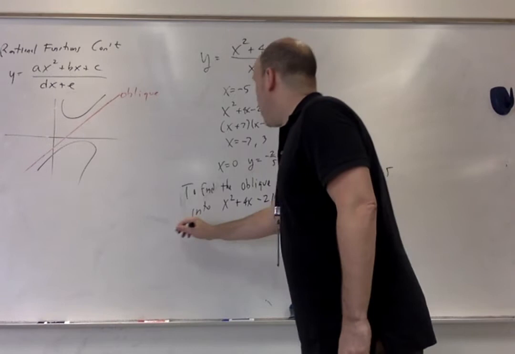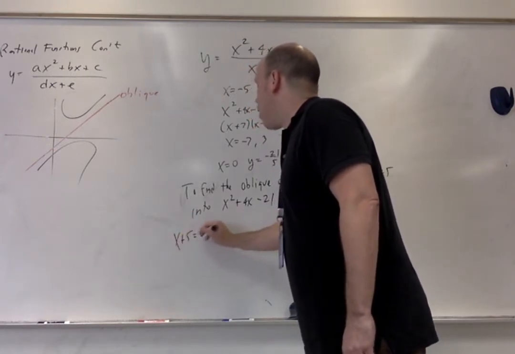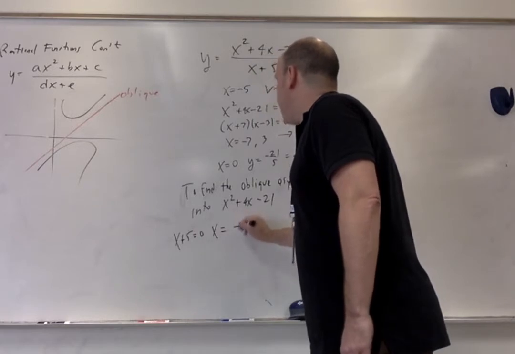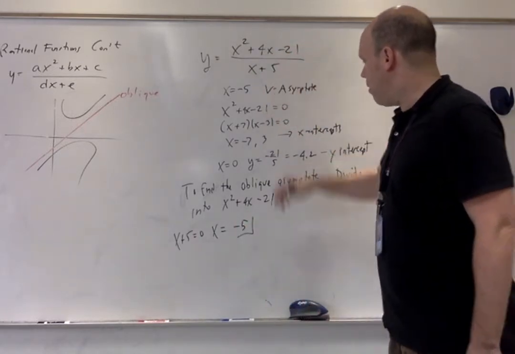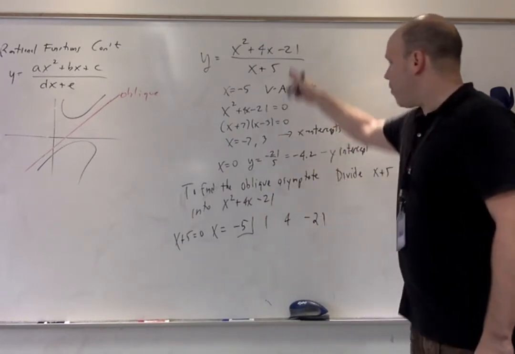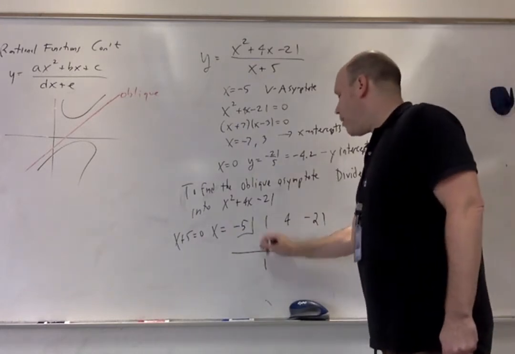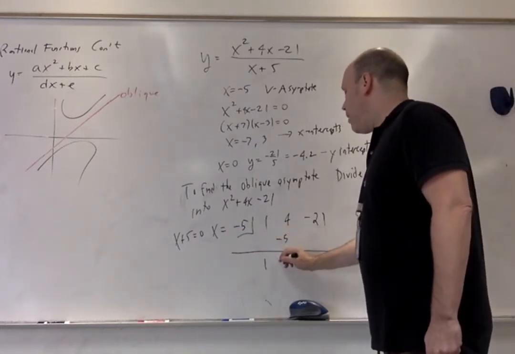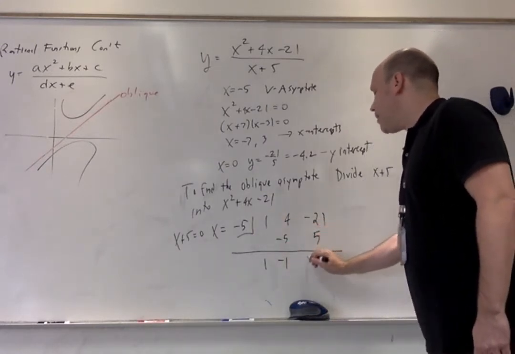Fine. We know x plus 5 equals 0, so x equals negative 5. Stick that in the box. So we have 1, 4, negative 21. I took that from there. I have 1, -1, and this is 5, and this is -16.